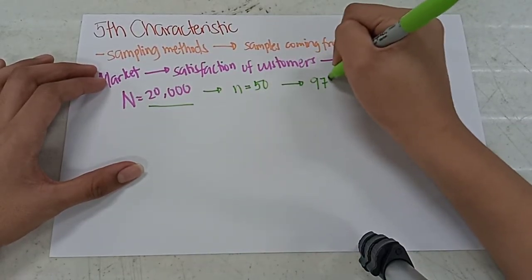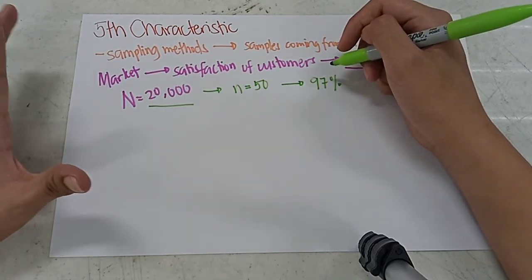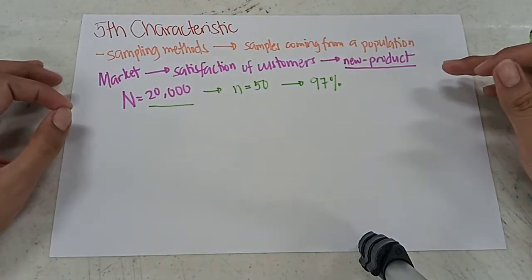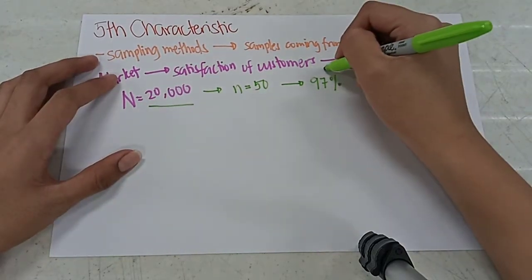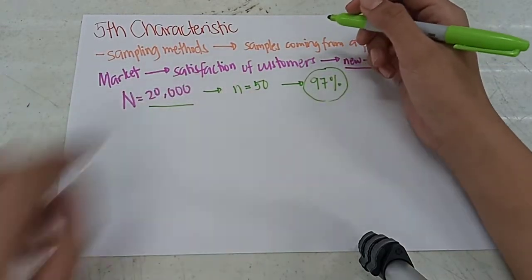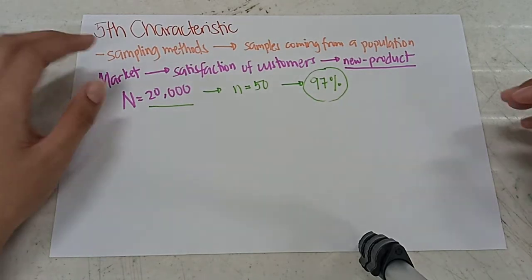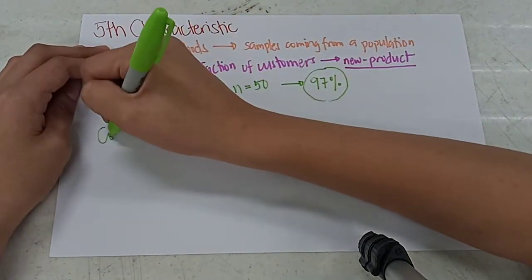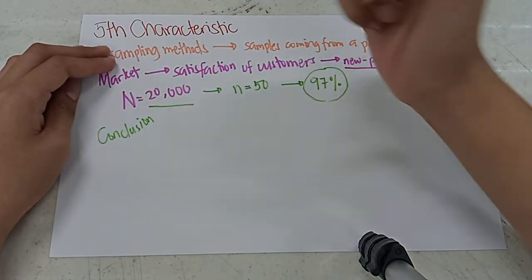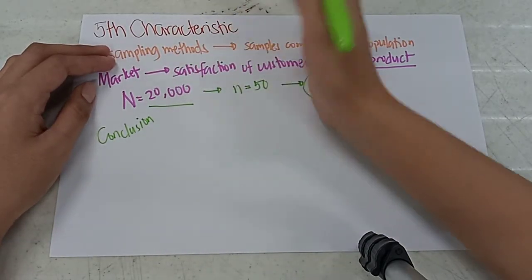After the researchers gave out the survey, they conducted a statistical treatment that yielded a result of 97% satisfaction out of these 50 customers. With this, they concluded that the customers, as a whole population, are satisfied with the new product.